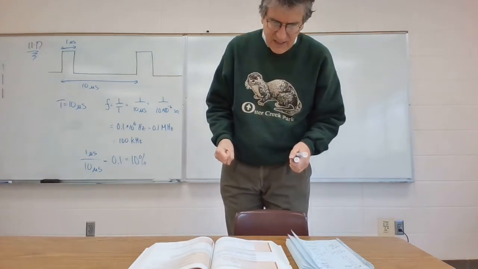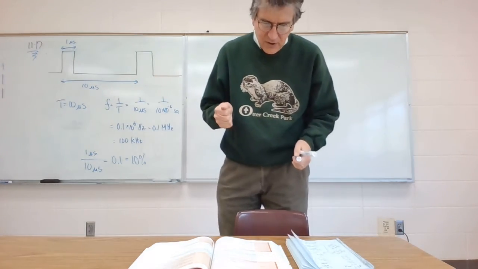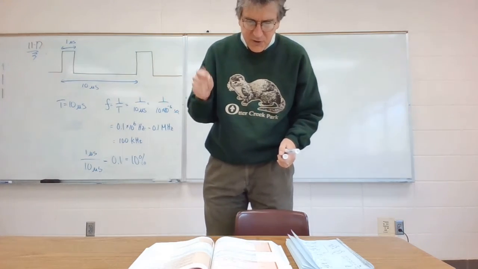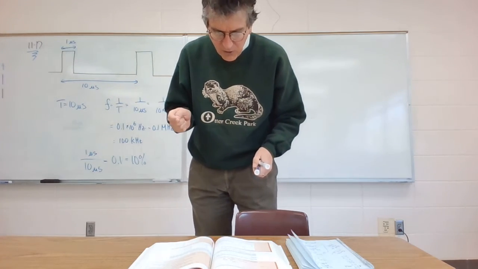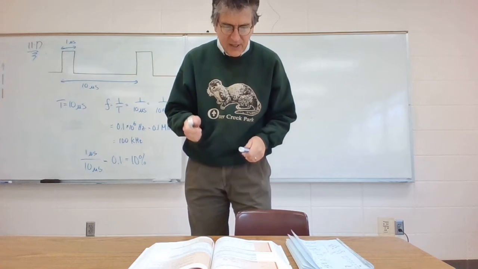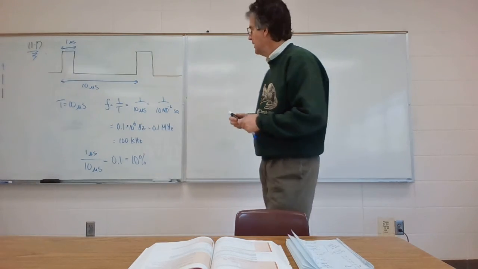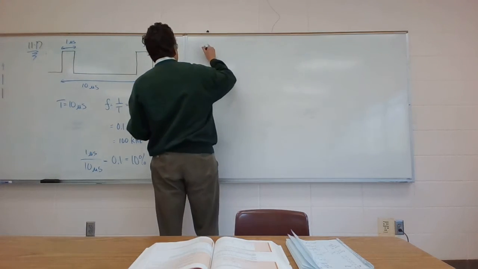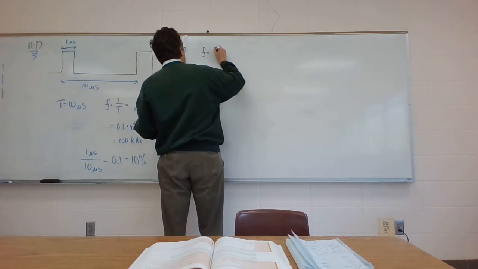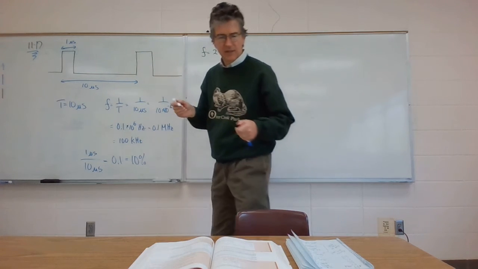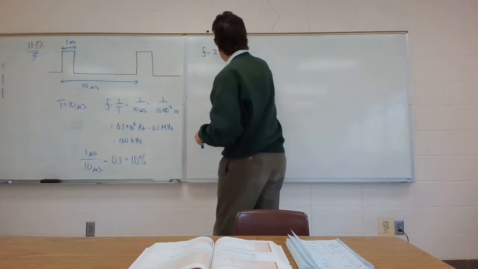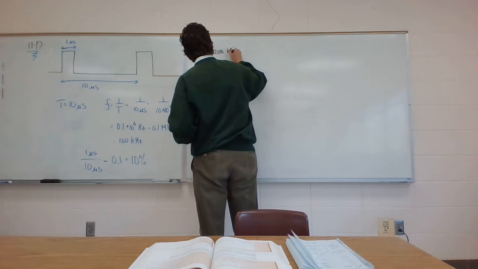Now it says, related problem: a certain pulse waveform has a frequency of 200 kilohertz and a pulse width of 0.25 microseconds. Determine the duty cycle. Okay, so now we're saying your frequency is 200 kilohertz.